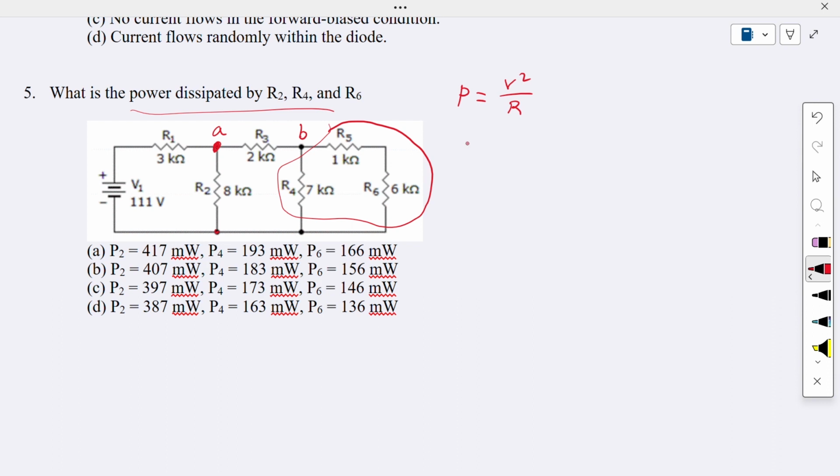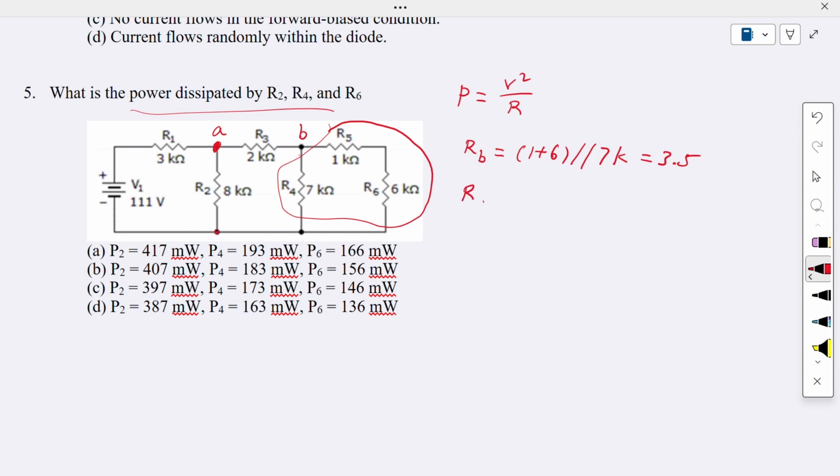In this node B here, we can calculate the equivalent resistance of the RB network, which is equivalent to 1 plus 6, in parallel with the 7K resistor. This gives us 3.5. And then this will be parallel again with this R2.